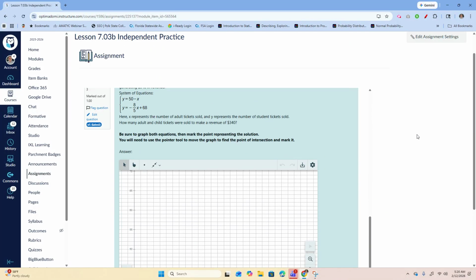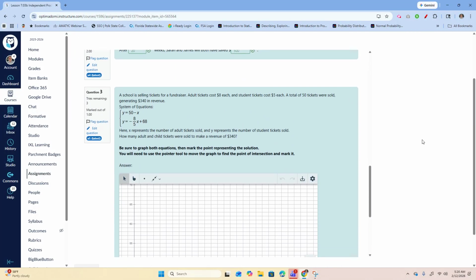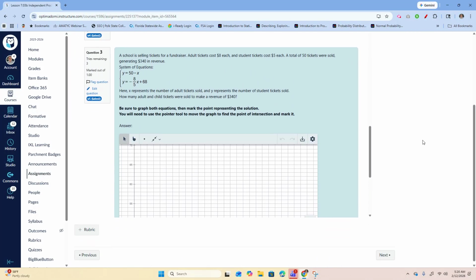All right, this question number 3, we don't need to figure out the system of equations for the word problem because they already gave it to us. So you can see it right here. These two equations represent this story here. A school is selling tickets for fundraisers. Adult tickets cost $8 each.